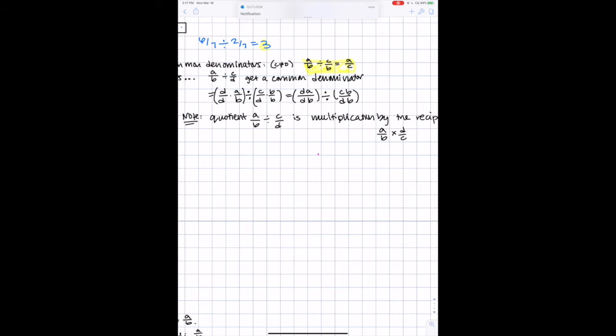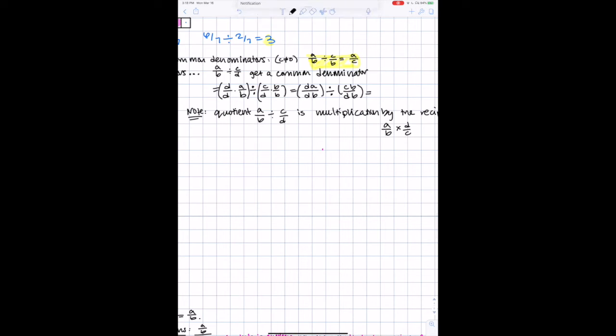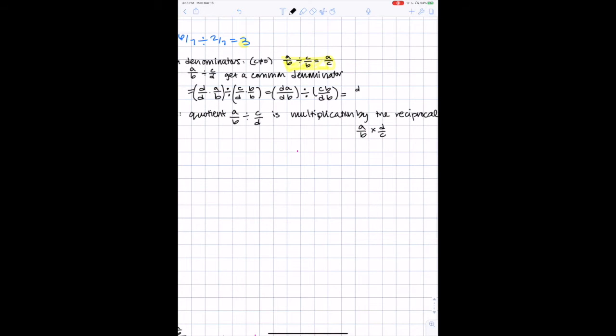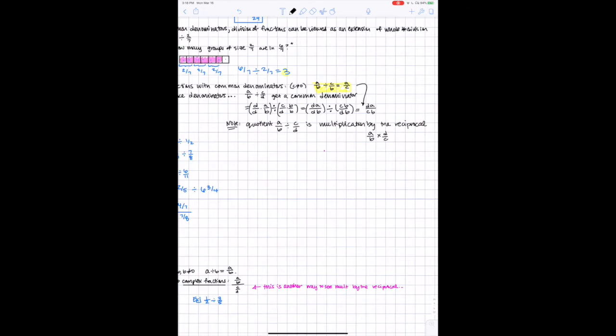There we go. All right. And now if I use this previous rule, I have a common denominator, so then I can just divide the numerators. So that's A times D over C times B. That's by that previous rule: I have a common denominator, so divide the numerators.